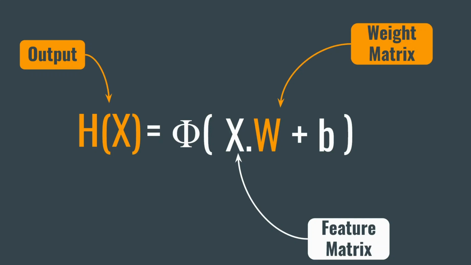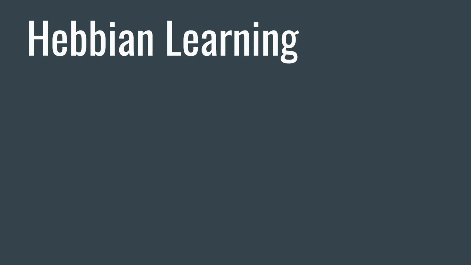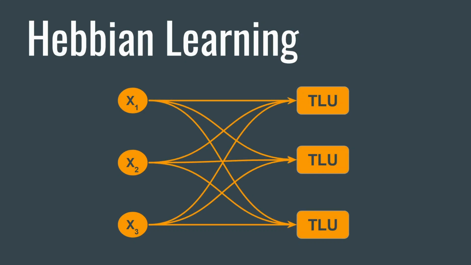But what is the idea behind learning, or how does all this happen? Well, the idea behind learning is cells that fire together get wired together. That is, the connection weights become larger if two connected neurons fire simultaneously. This is known as Hebb's rule, also called Hebbian learning.